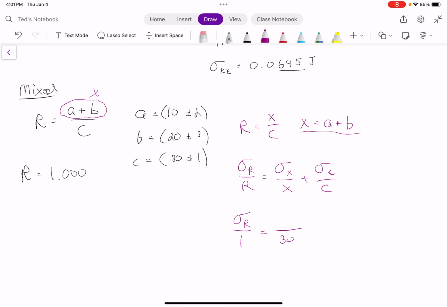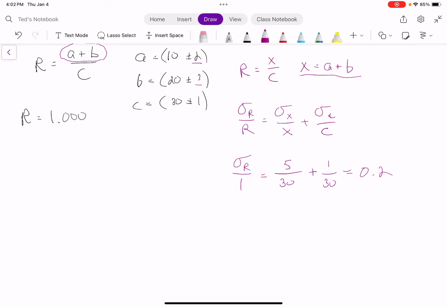So the uncertainty in X is going to be equal to the uncertainty in A plus the uncertainty in B, so that's going to be 5, over 30, plus the uncertainty in C, which is 1, divided by C, which is 30. So this is equal to, funny, they have a common denominator. It's 6 over 30, which is 1/5, which is 0.2.